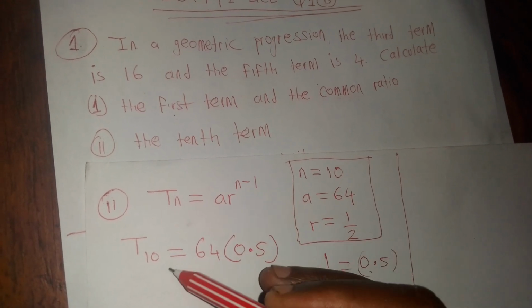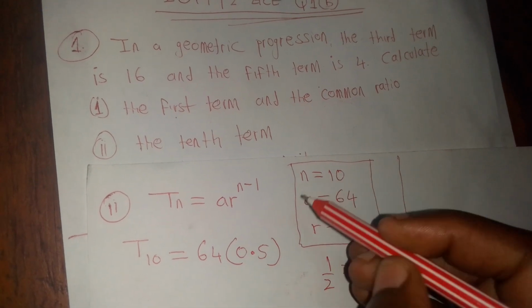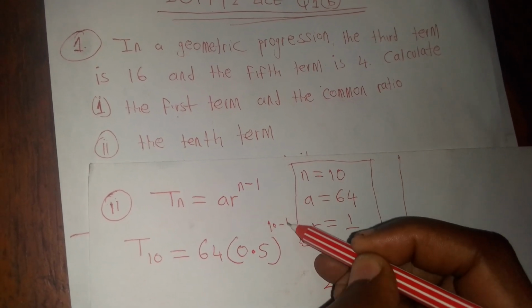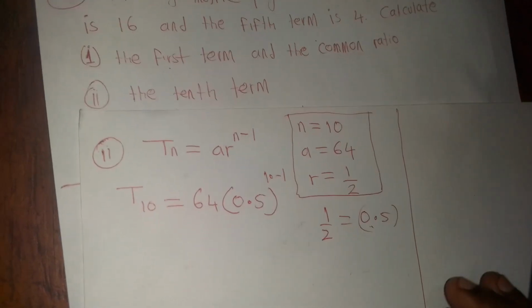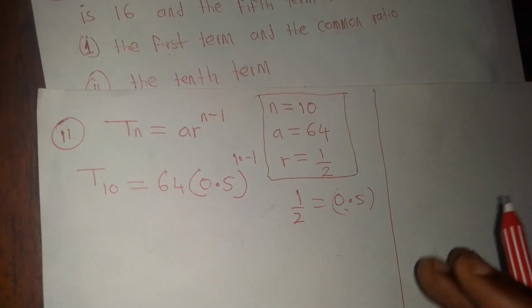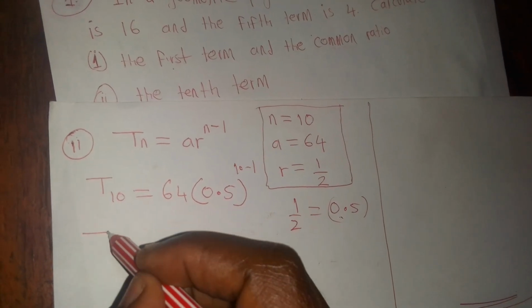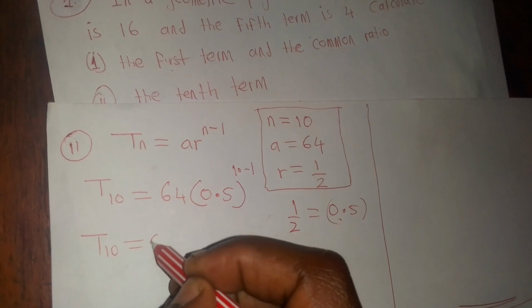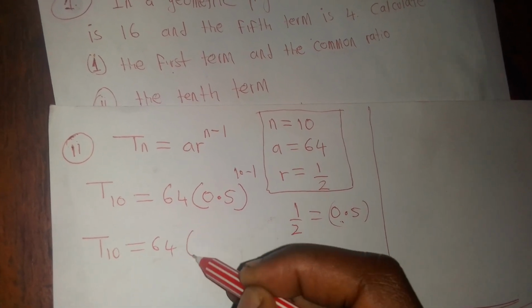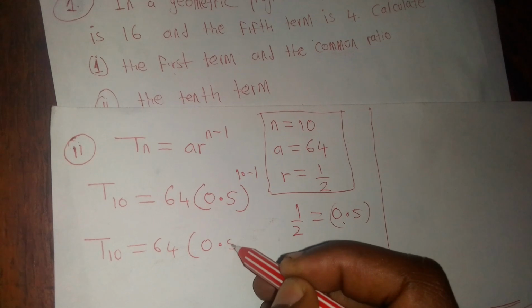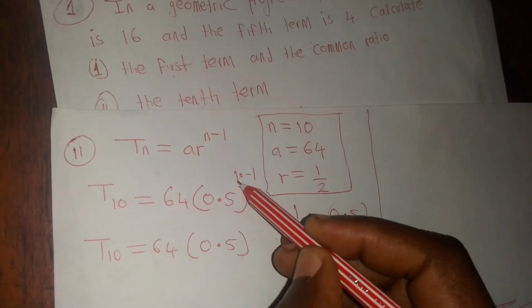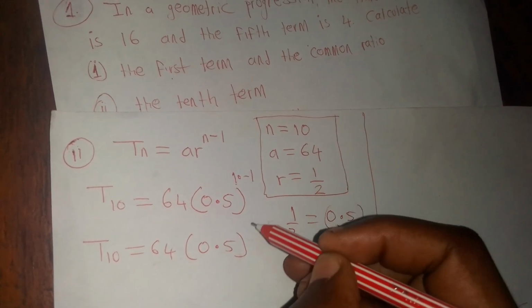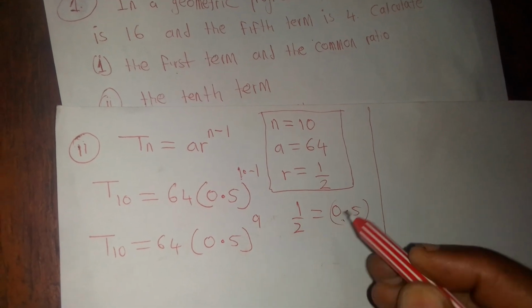Then my n is 10, take away 1. So the 10th term equals 64 times 0.5 to the power of 10 take away 1, and 10 take away 1 is 9.